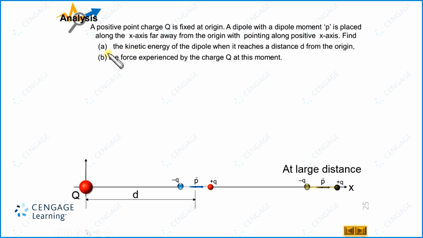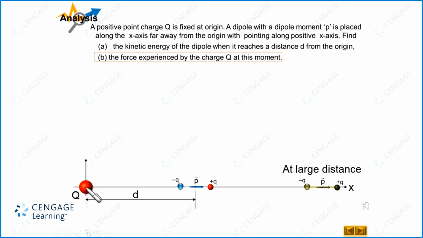Part B is the force experienced by the charge Q at this moment. We know the electric field because of this dipole at the position of the charged particle, because the charged particle is placed at the axial position of the dipole at a distance small d, and we know that at the axial position of the dipole, the electric field vector is parallel to the dipole moment vector.